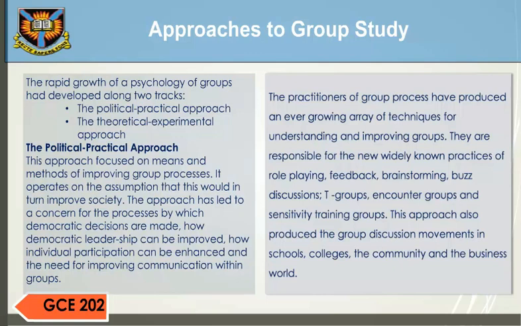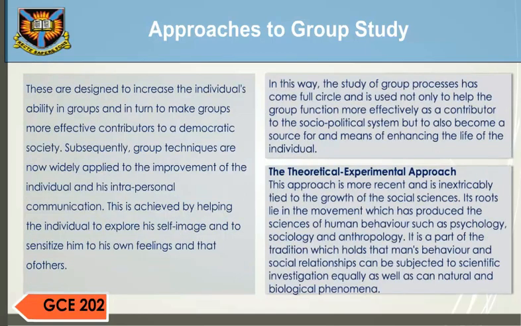This approach also produced the group discussion movements in schools, colleges, the community, and the business world. These are designed to increase the individual's ability in groups and in turn to make groups more effective contributors to a democratic society.